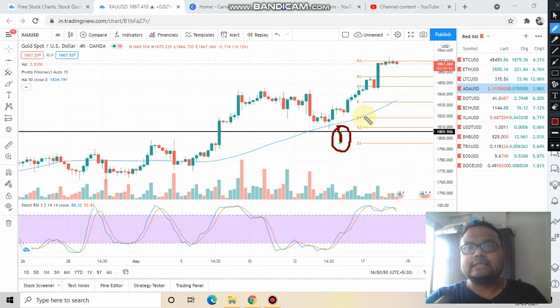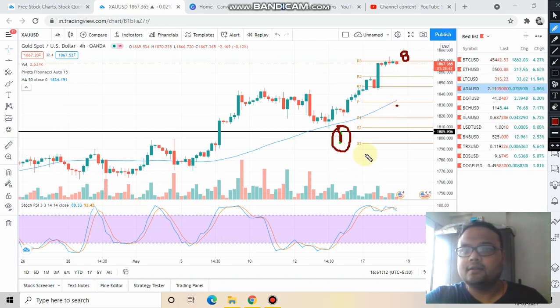But as of now, you can see that the market is trading at 1867 level. The market is quite far away. So what should be the strategy then? If we go for a buy order right here, then our risk to reward ratio does not match, because if we buy here, our stop loss will be somewhere below this 50 moving average.